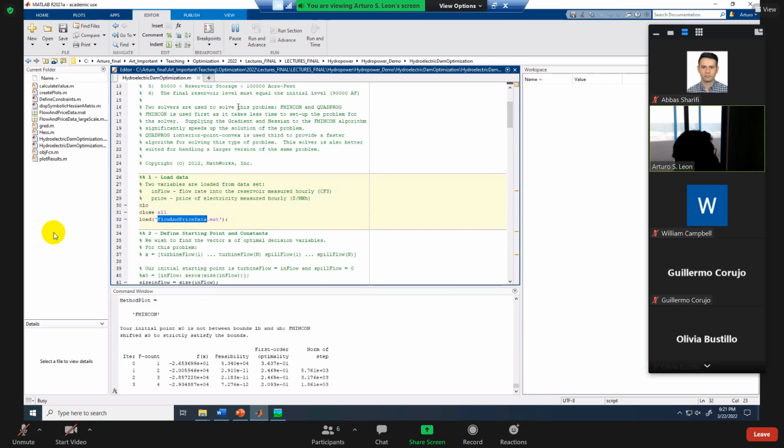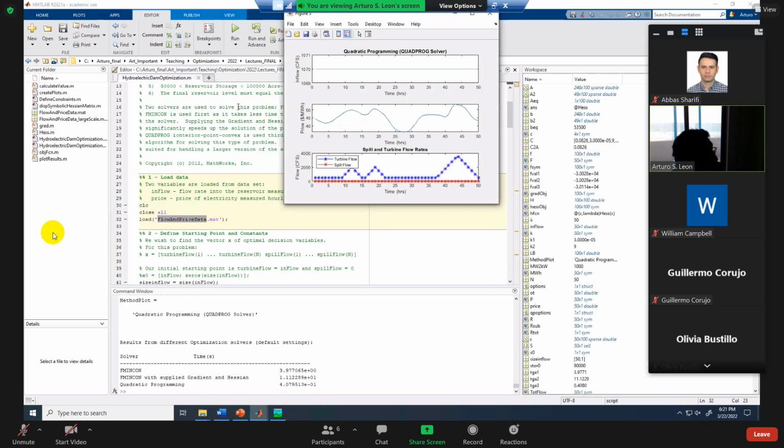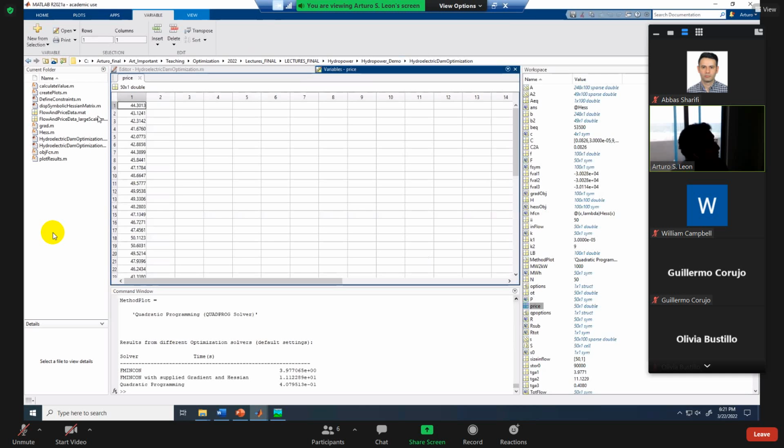So these are the iterations. We have iteration 1, and it's calculating the optimal releases. And now I am using fmincon. Okay, so here, guys, you see I have the price. These are the values of the price for 50 time steps, right?